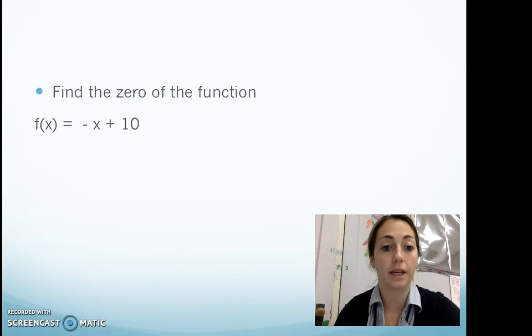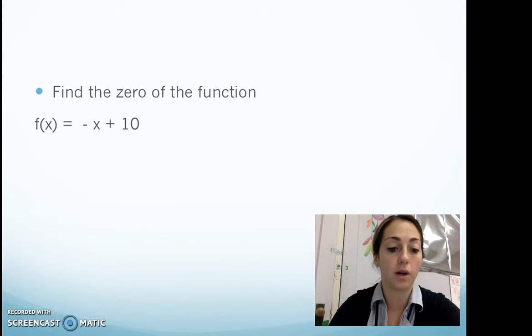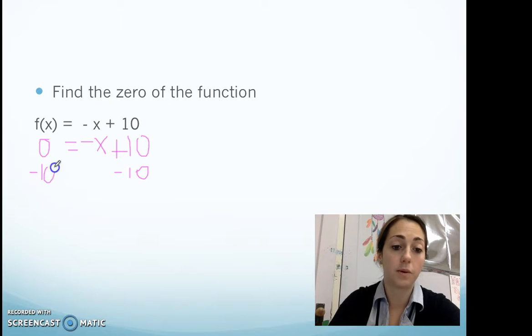So again, you're plugging in 0 for f of x, and you have 0 equaling negative x plus 10. So then I undo what's happening to the variable. I subtract 10. 0 minus 10 is negative 10. Negative 10 equaling negative x.